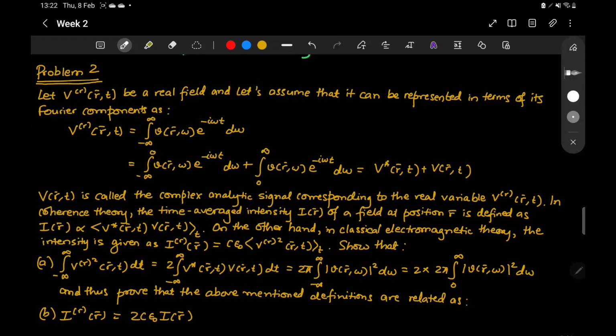This is just the Fourier form, which is written as a Fourier transform, and then the limits of the integral for a Fourier transform is minus infinity to plus infinity. So we are simply splitting it up into two parts, minus infinity to 0 and 0 to infinity. And these terms are basically complex conjugates of each other.